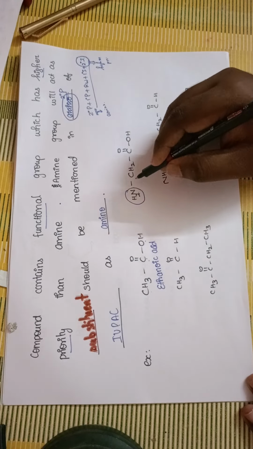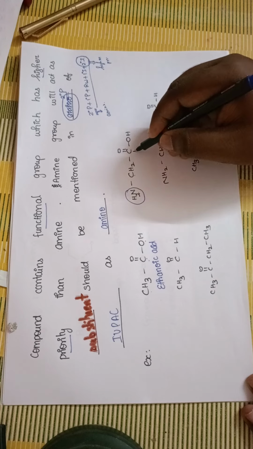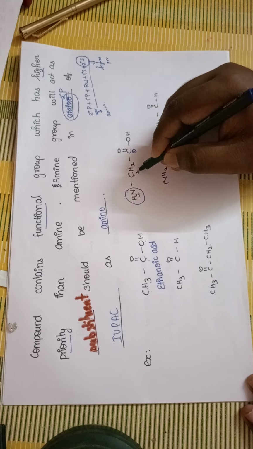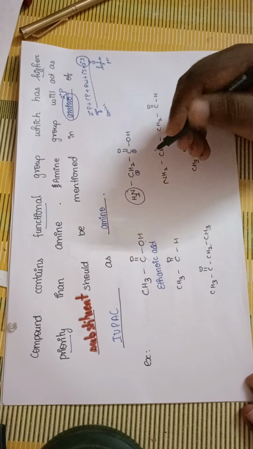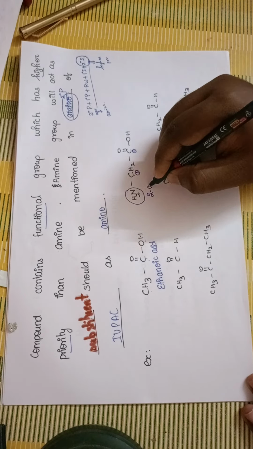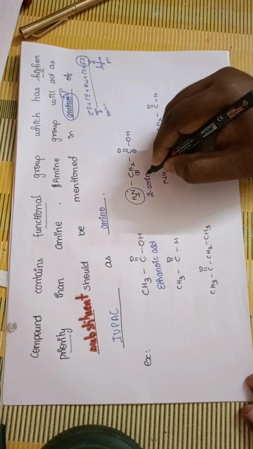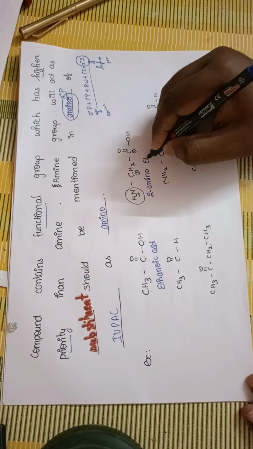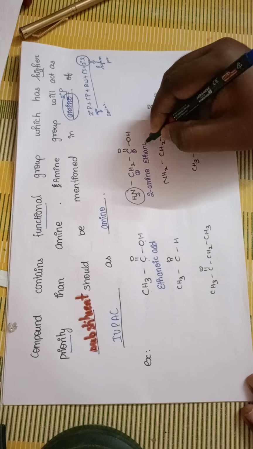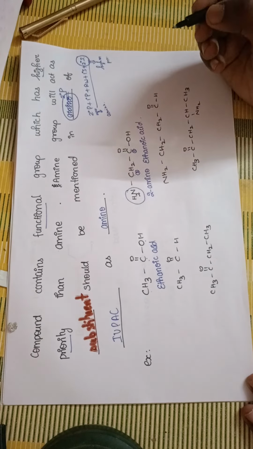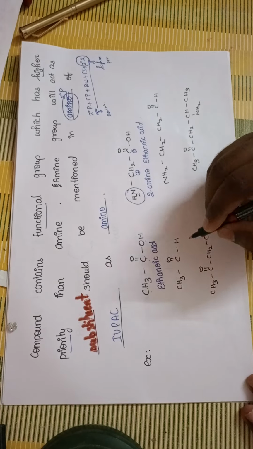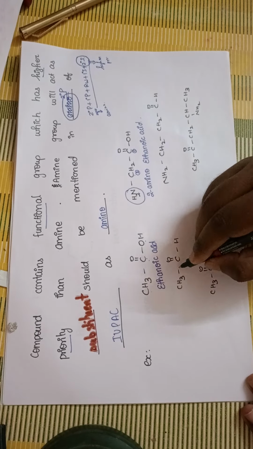That amine functional group is attached to the second carbon, because the acid now has higher priority. Now nitrogen is attached to the second carbon, so it should be called 2-amino ethanoic acid. Is it clear?